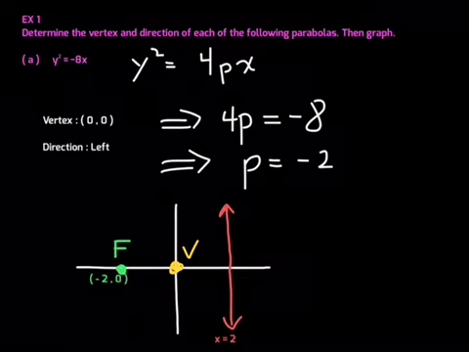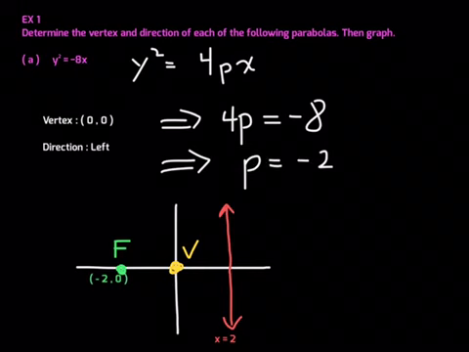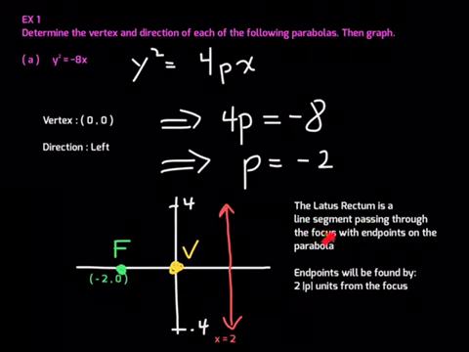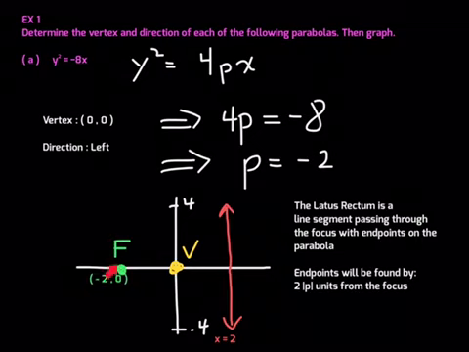Here, let me write all of that down for your notes, okay? So I added this for your notes. The latus rectum is a line segment passing through the focus. So it's going to go like this, guys, up and down through your focus like that, with endpoints on the parabola. Okay, this will help us draw a parabola.